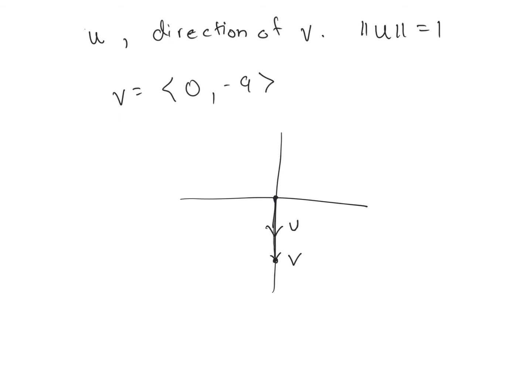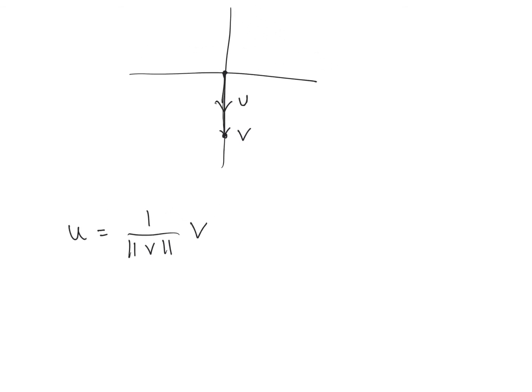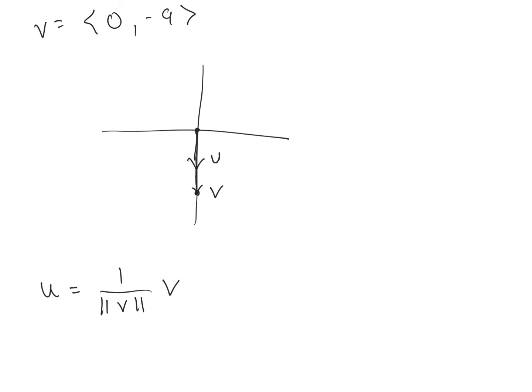Well, the formula that we use to find the unit vector is we take u equals 1 times the components of v times v itself. And little quick reminder, v is 0, -9.